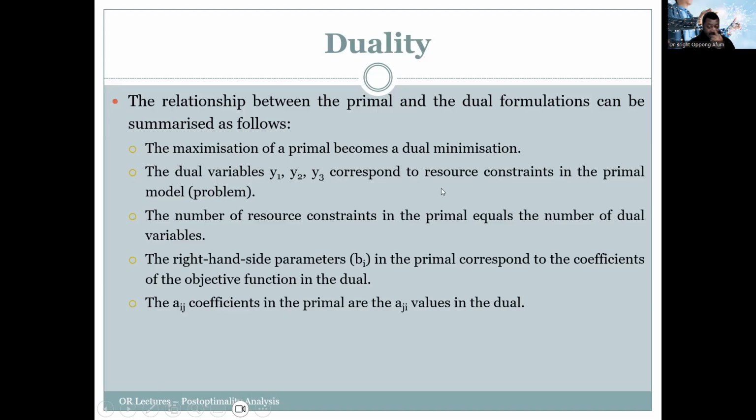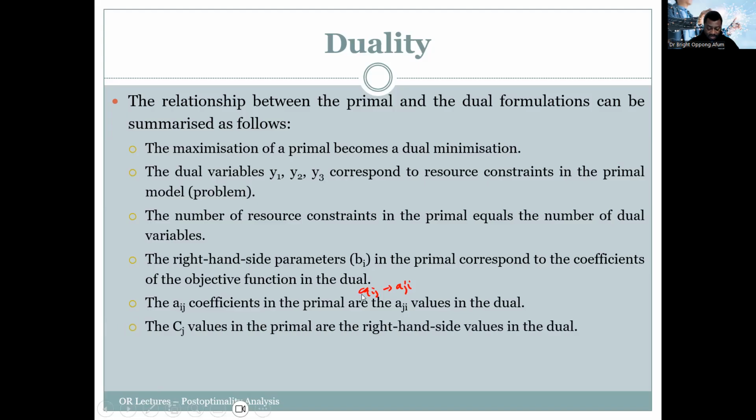Then the aij coefficients, the activities in the primal, are the aji values in the dual, right? So they are interchanged: the constraint row of the primal becomes a column, so the aij becomes aji.